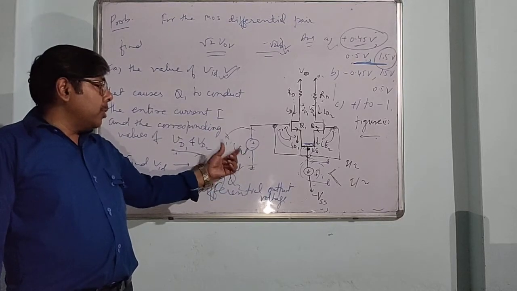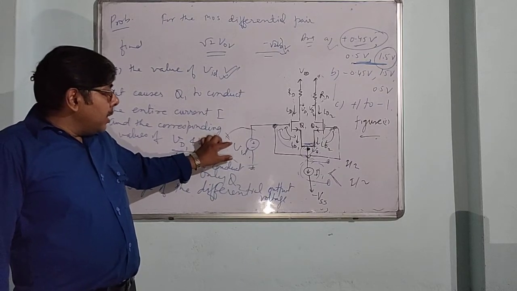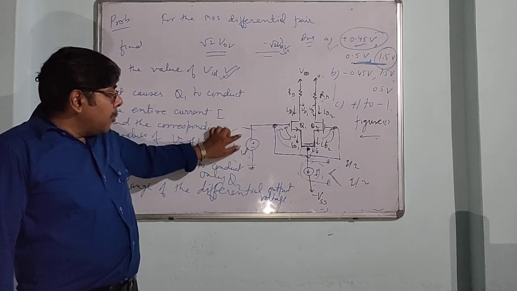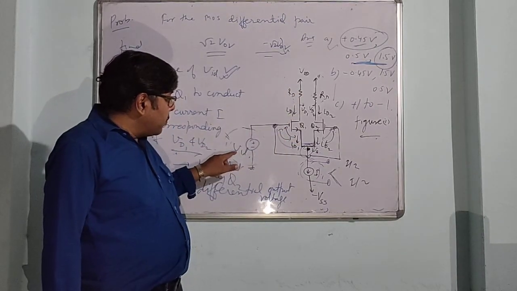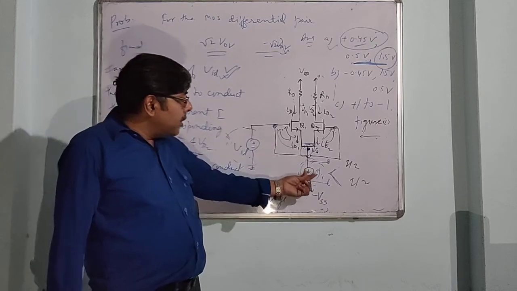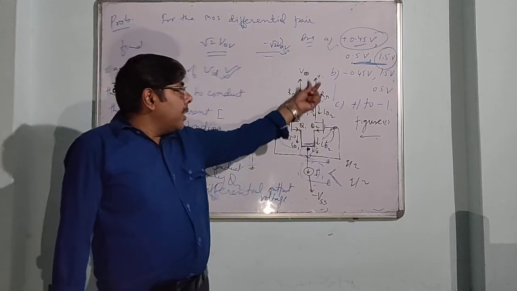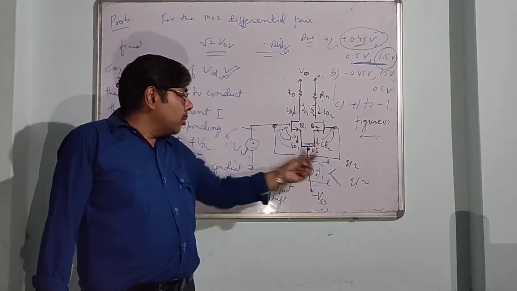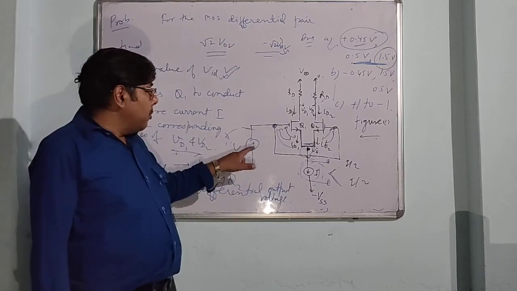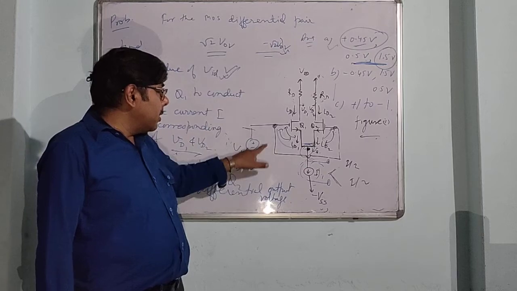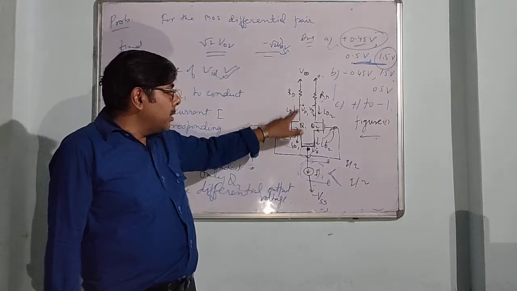When a differential input is applied, what will happen? As we increase this VID in the positive direction, current increases through this, and for one value the whole of this current will flow through this, and the current in Q2 is 0. Just in the opposite direction, when the applied voltage is negative, current will flow through Q2, and current through Q1 is zero.